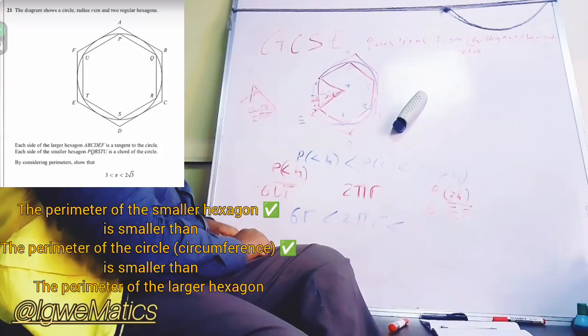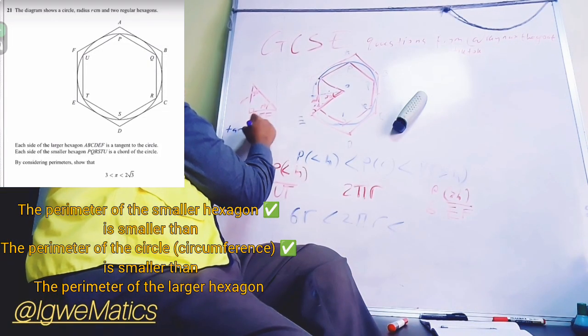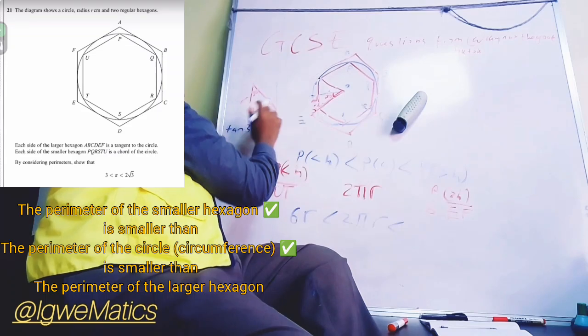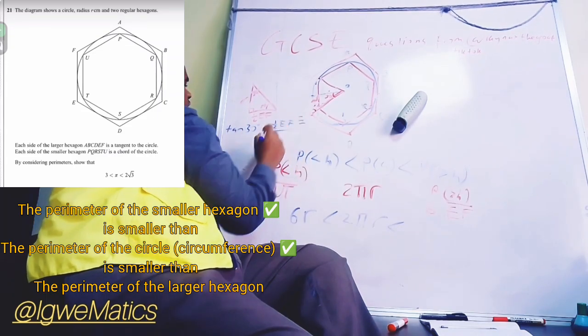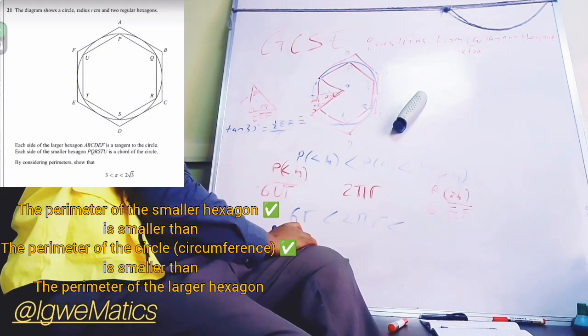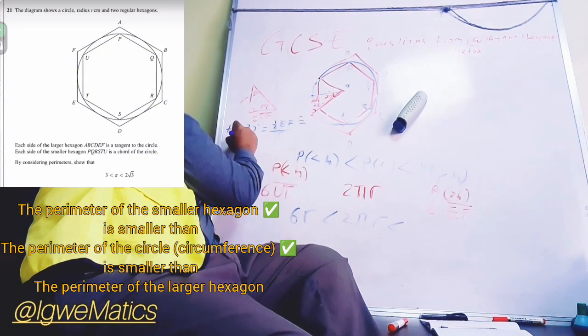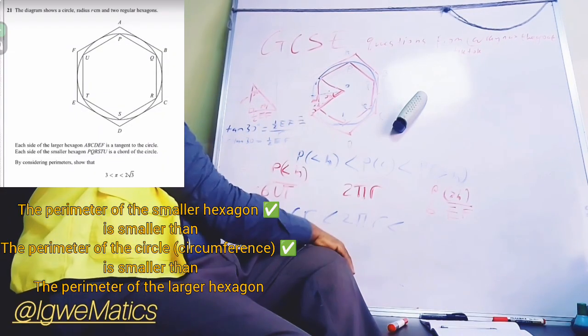From SOHCAHTOA, we see that tan 30 degrees is going to equal the opposite, which is half EF, divided by the adjacent, which is the radius r. Multiply both sides by r, we have that r times tan 30 is equal to half times the distance EF.